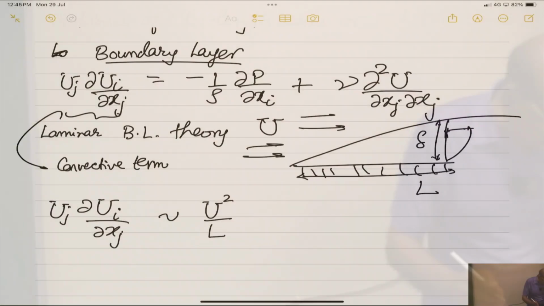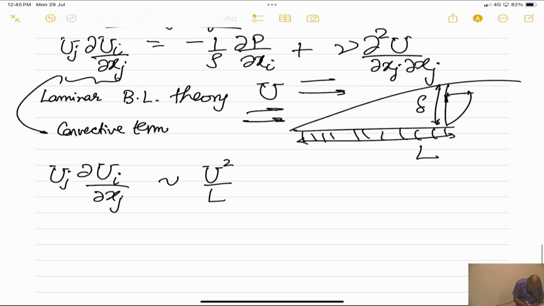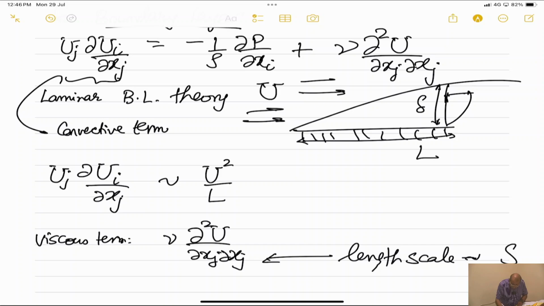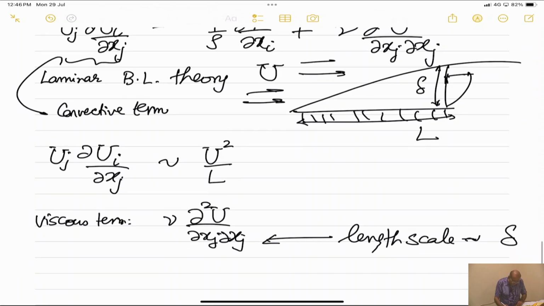Whereas when we do the order of magnitude analysis for the viscous term, this is nu d2u by dx_j squared. Here the length scale, when we do this length scale, we talk of as delta or maybe small l.